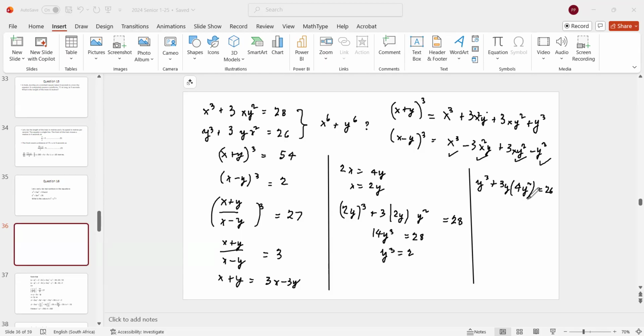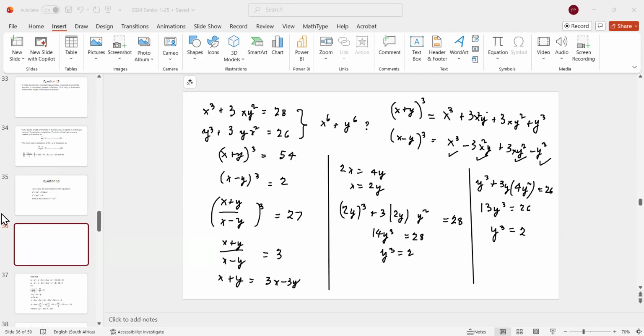So you got y cubed, and this is 4y. 4 times 3 is 12. So I've got 12y cubed plus y cubed, so that gives you 13y cubed. It's 26. Again, you get a nice answer, y cubed equals 2. The same thing.